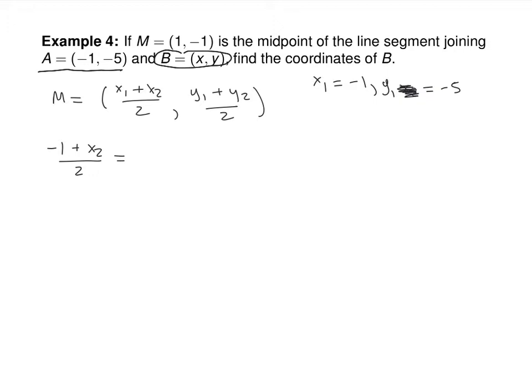That gives you the x-coordinate of your midpoint, right? What is the x-coordinate of your midpoint? 1. Does that make sense? Okay. If I say -5 plus y2 over 2, that gives you the y-coordinate of your midpoint, right? And what is the y-coordinate of your midpoint? -1.